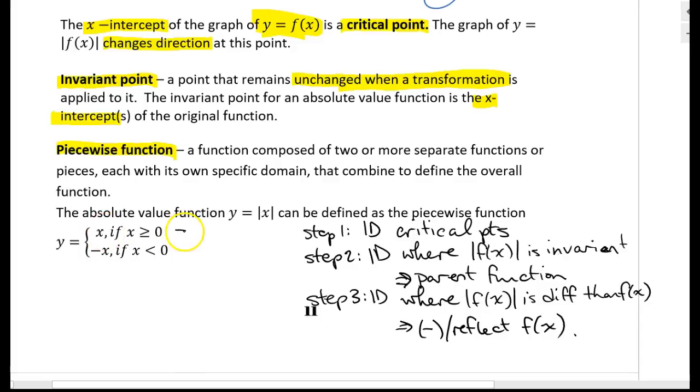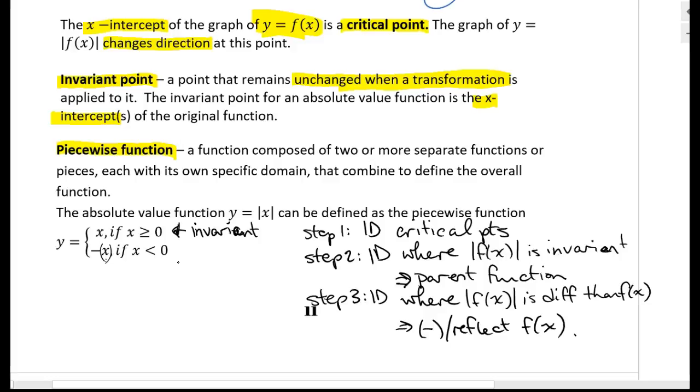So that is for all the invariant. Okay, but I'm going to put a negative out in front of my whole parent function if x is less than 0, because I need to reflect it over the x-axis.